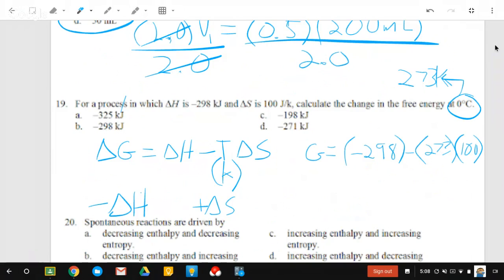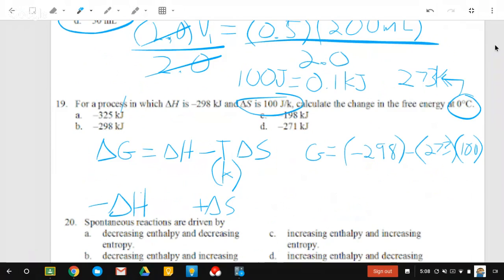What probably, in this problem, they expect you to convert the entropy from joules to kilojoules, and then you can plug it in. So converting entropy, it's 100 joules per degree Kelvin. So that's equal to 0.1 kilojoules.